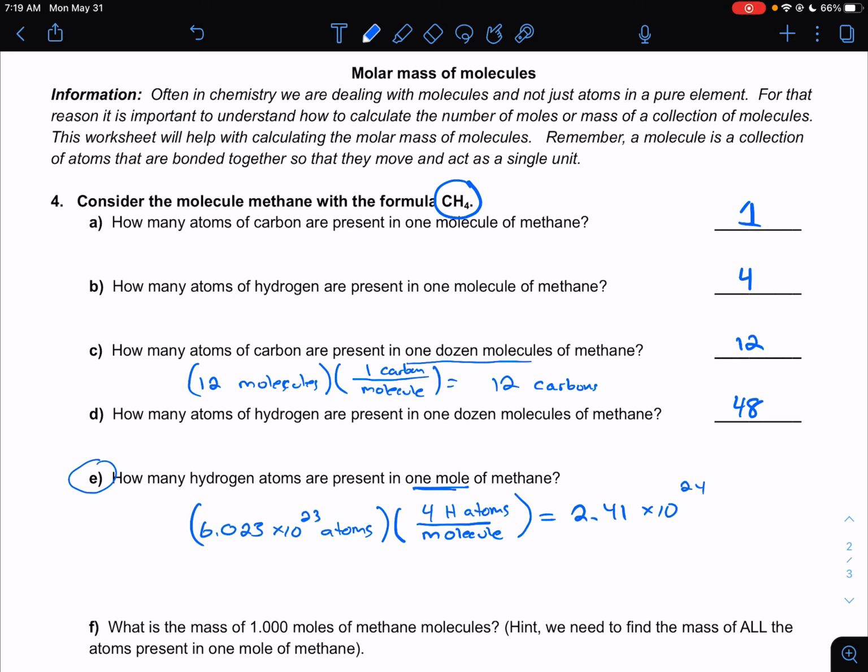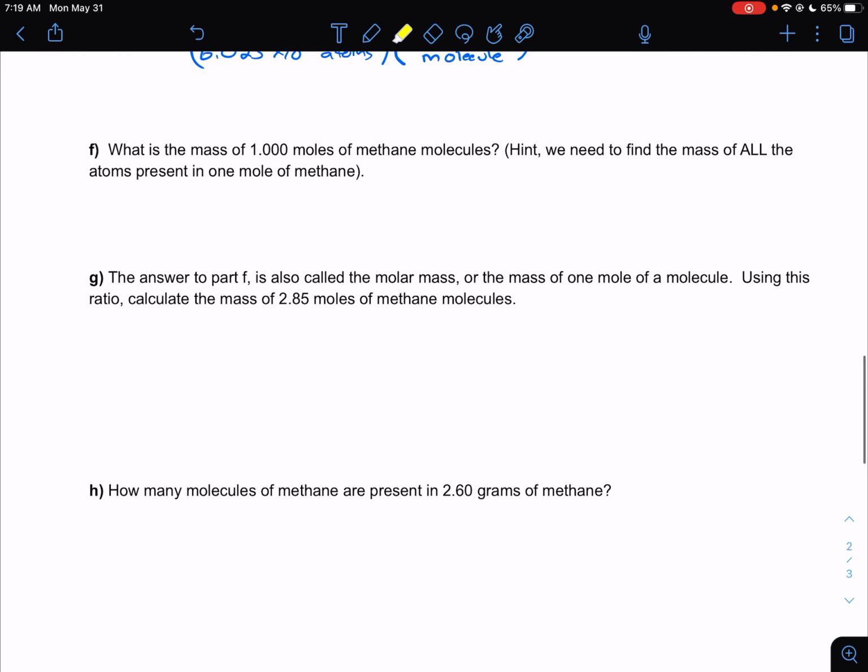And this is going to be atoms of hydrogen, because in 1 mole of the molecule, we'd have a mole of carbon and 4 times that moles of hydrogen.